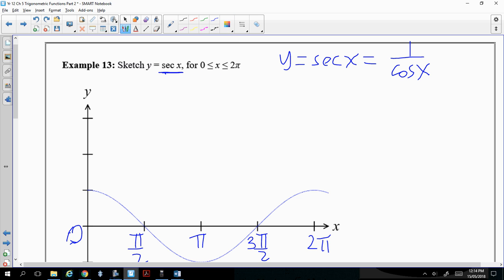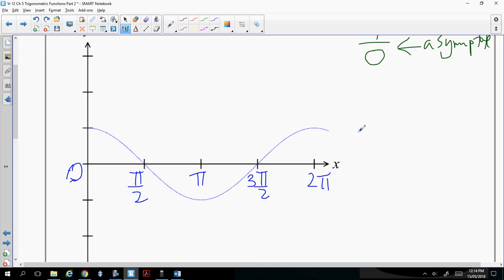Remember, when we reciprocal 0, it becomes an asymptote, because we can't have 0 in the denominator. So every time you see a 0, put an asymptote. The x-intercept becomes an asymptote. That's your first step. Now when you reciprocal 1, it becomes 1, isn't it?